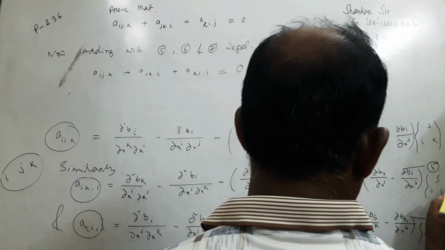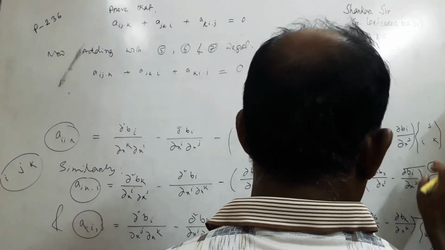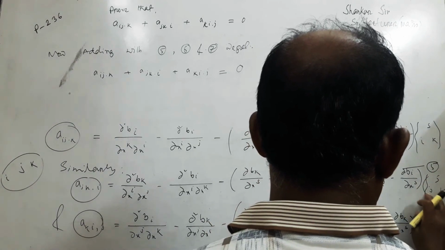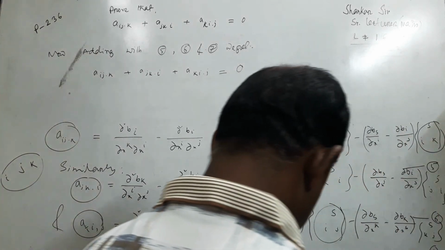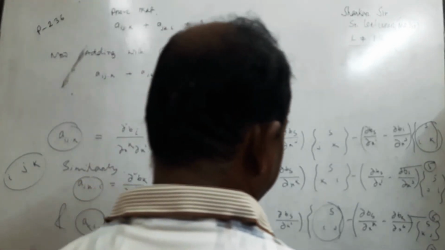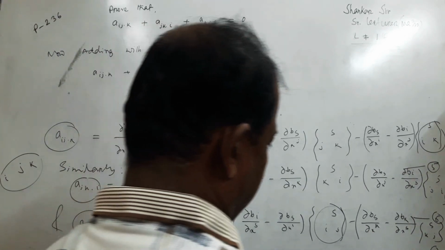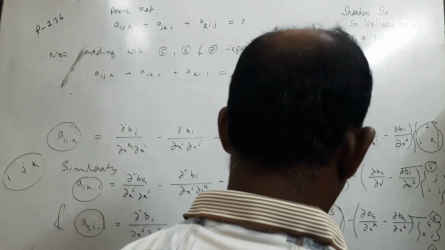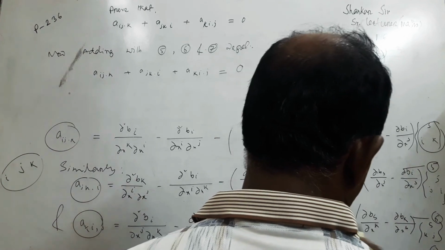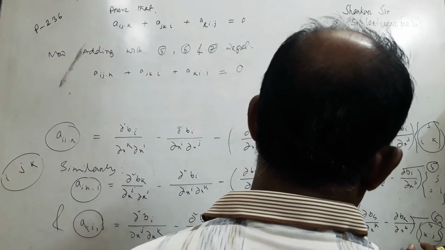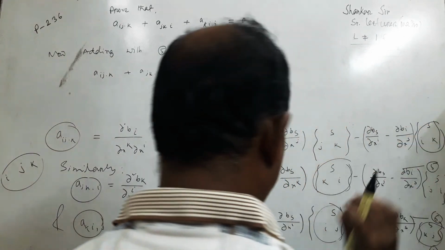Firstly thinking about this s i j, s j k, and s k i. S i j, oh sorry, s i j and s k j. This and this is the common, and i j this is the common, and j k this is the common.